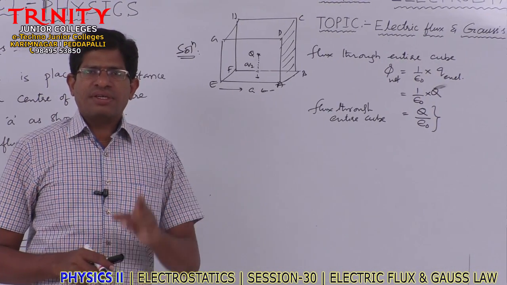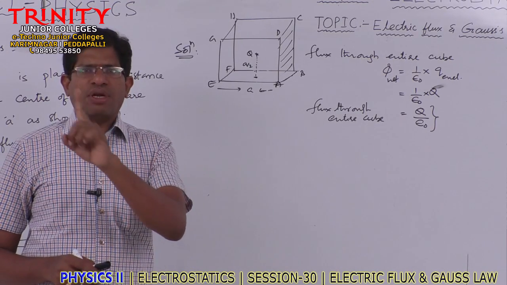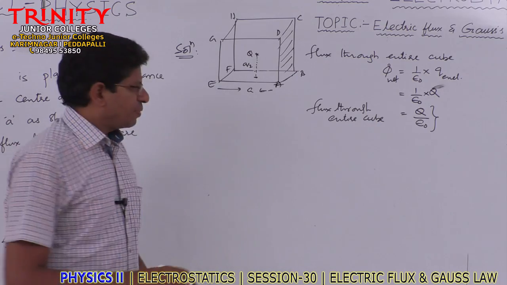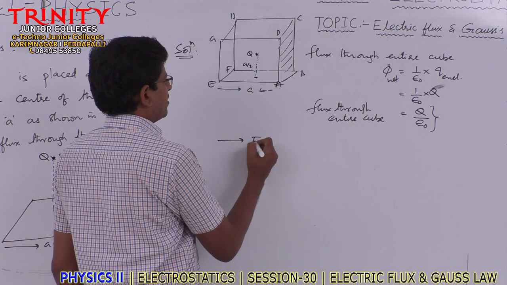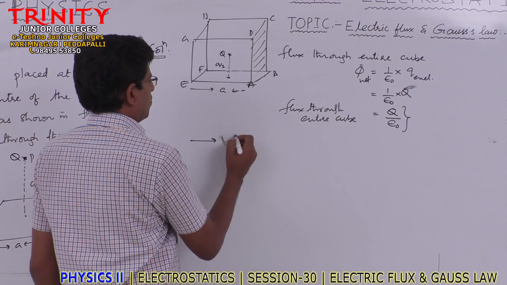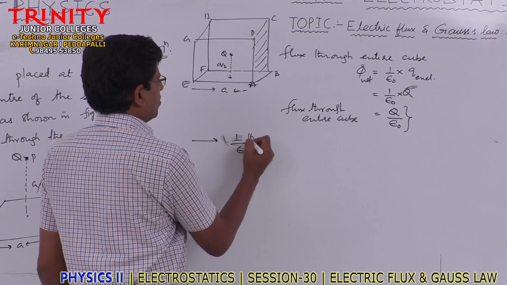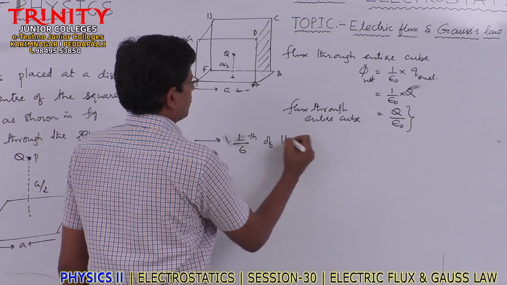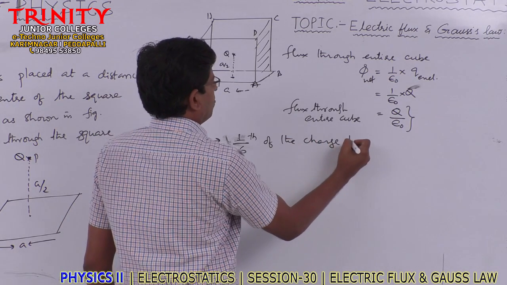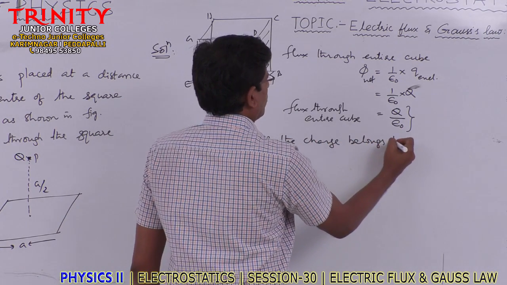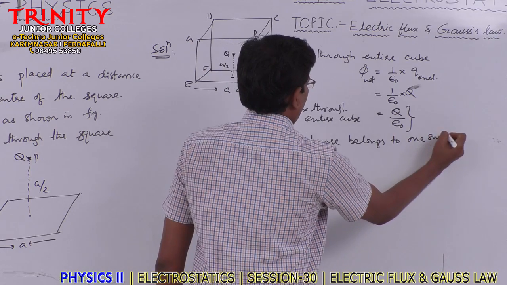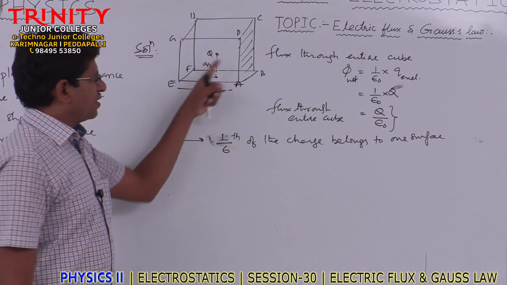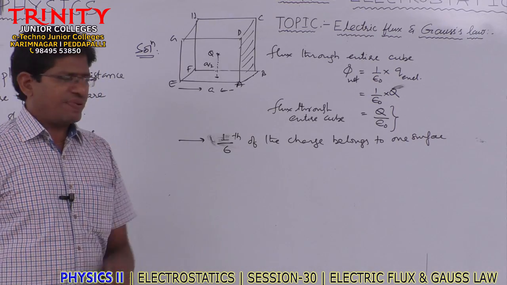Therefore, you can imagine 1/6 of the charge belonging to one surface. You have to understand this point clearly. Therefore, let me write that also. Every surface, 1/6 of the charge belongs to one surface. Why 1/6? Because there are 6 surfaces. Therefore, 1/6 belongs to one surface.